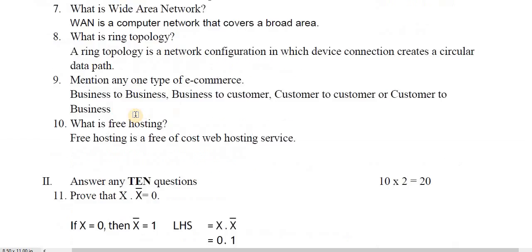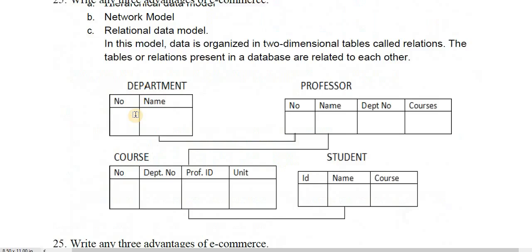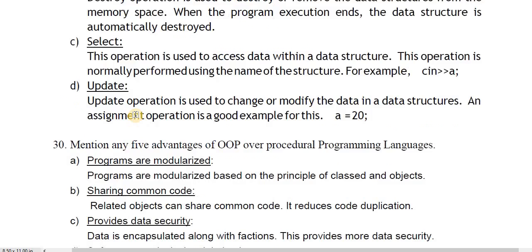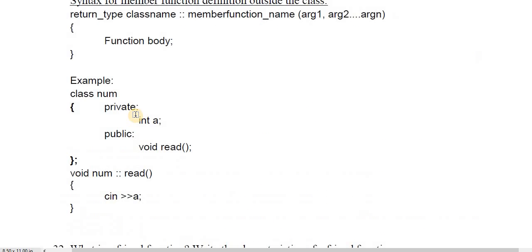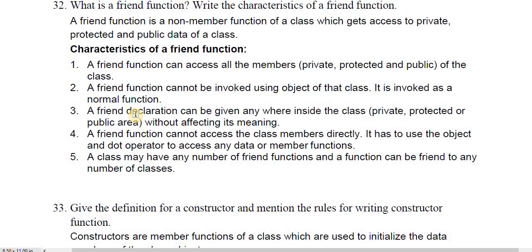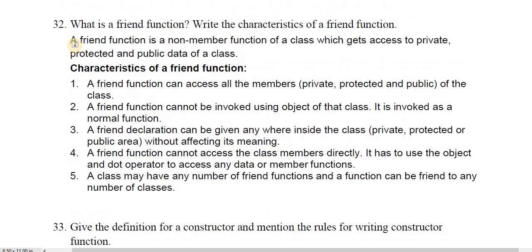Then the March 2019 question paper. The question is: what is a friend function? Write the characteristics of friend function. So again friend function comes here. You have to write the definition of friend function, and you have to write the characteristics.